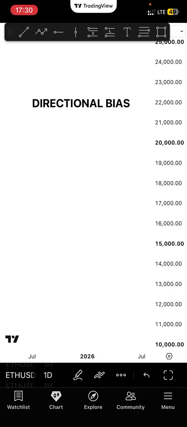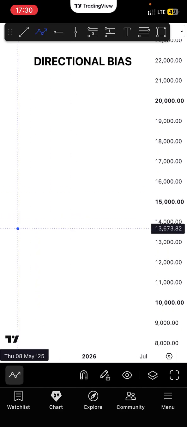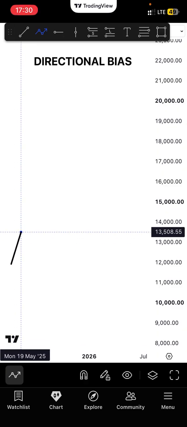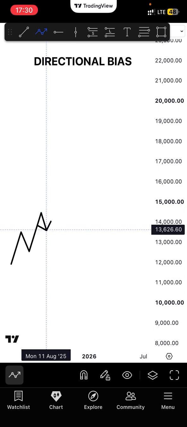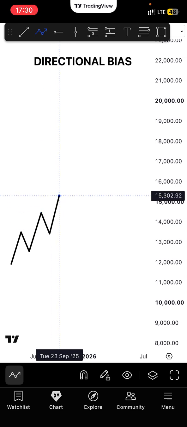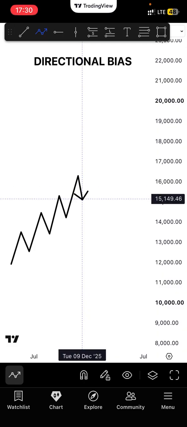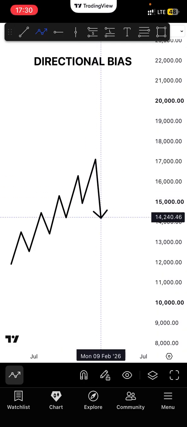Okay, so let me show you what I quickly mean by a market structure shift. It is an indication that the market is about to stop going in the current direction and move in the opposite direction. So let's assume we came to the chart and price is clearly giving us a series of higher highs and higher lows, and then something like this happened.